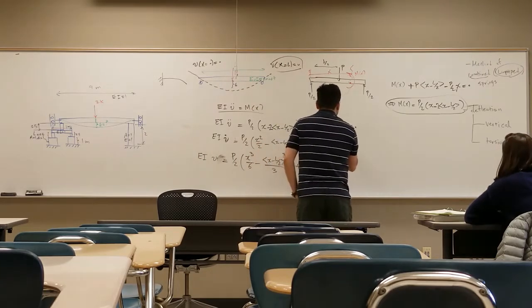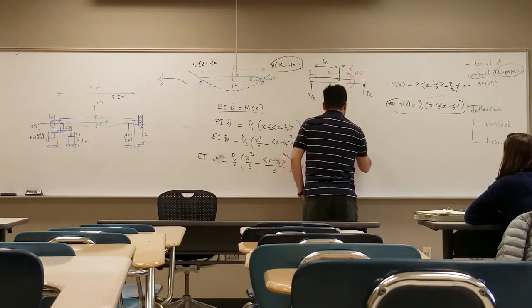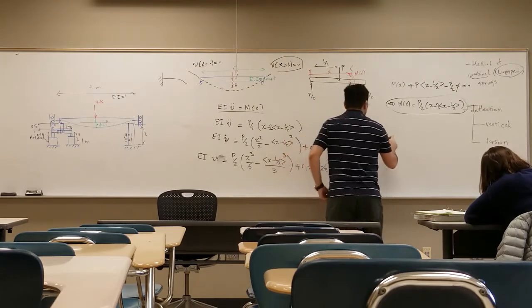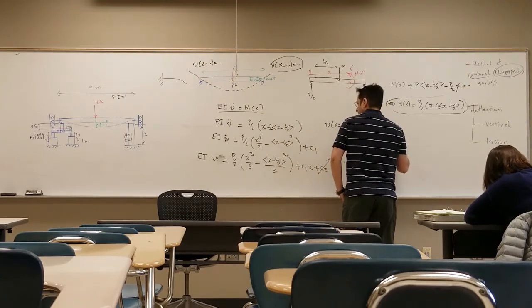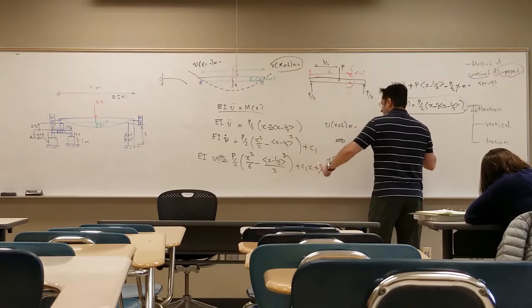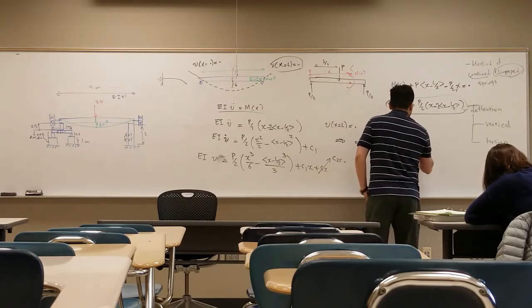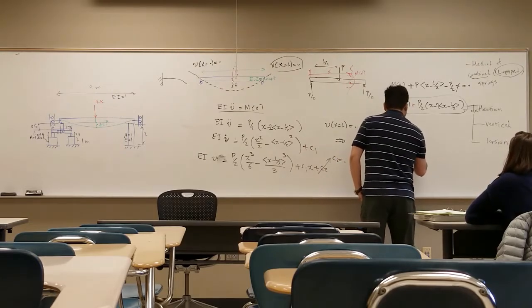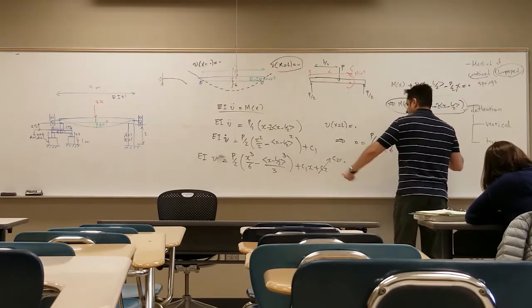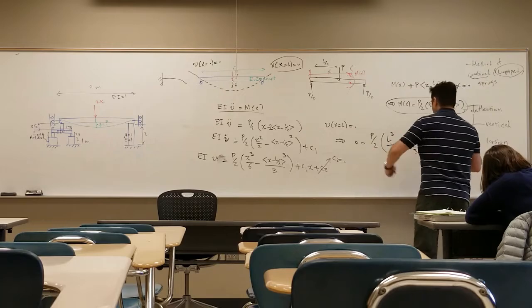Now put it here. You get 0 is equal to P over 2 times L cubed over 6 minus (L minus L over 2), which is L over 2 to the third power, over 3, plus C1 L, and C2 is already 0.